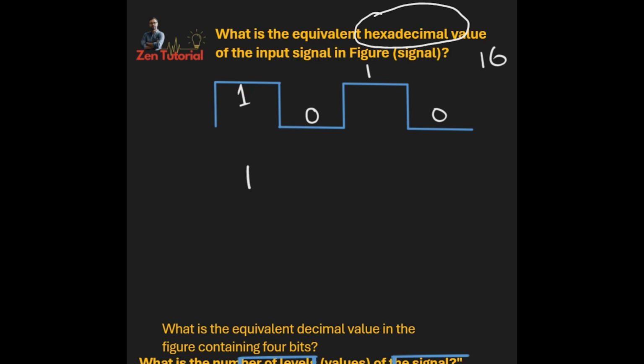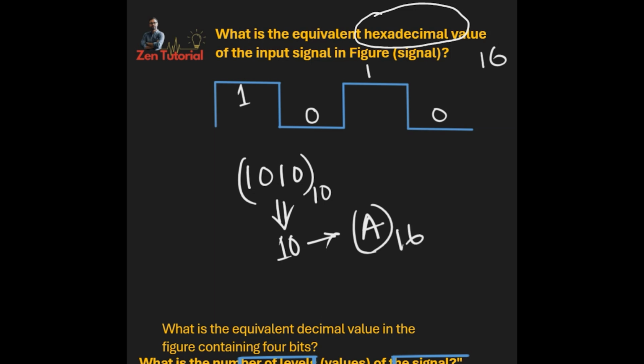It means this is 1010, right? This is binary. So what is the value of 1010 for hexadecimal? This will be 10, right? For decimal 10, it will be A. So the hexadecimal value will be A.